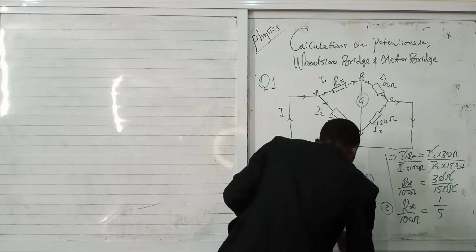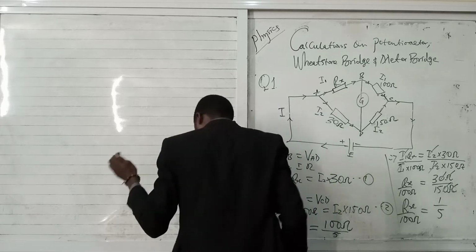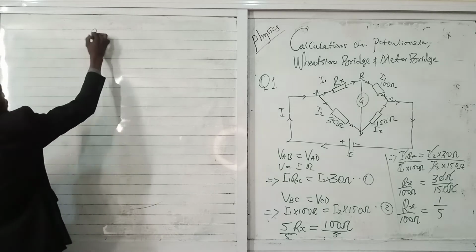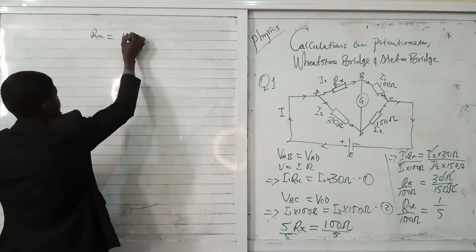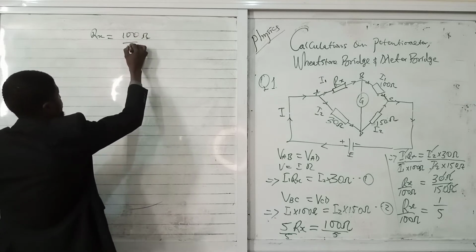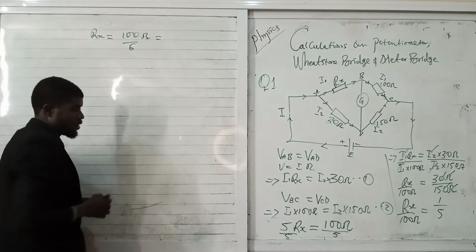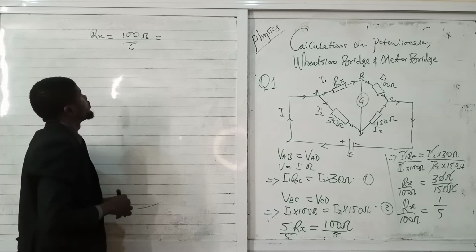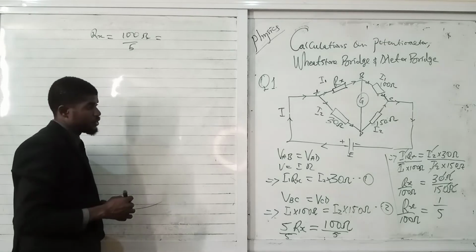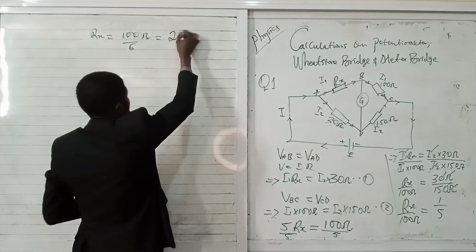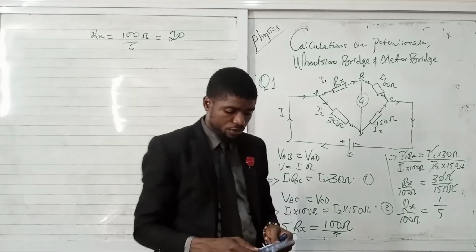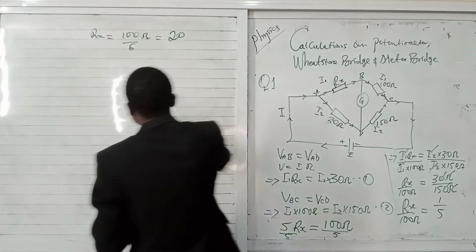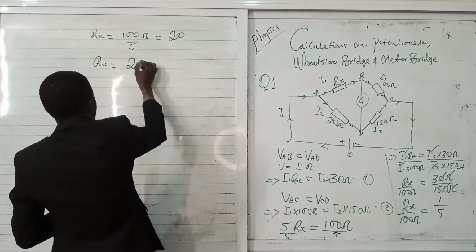If you do that correctly, you have Rx equals 100 ohm divided by 5. 100 divided by 5 will give you 20. So your Rx is just 20 ohm.